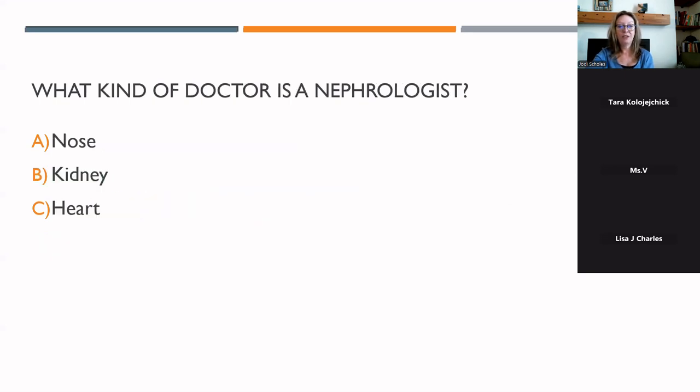What kind of doctor is a nephrologist? Ooh, nephrologist. Ooh, do you remember this? Okay. What kind of doctor is a nephrologist? A, nose. B, kidney.